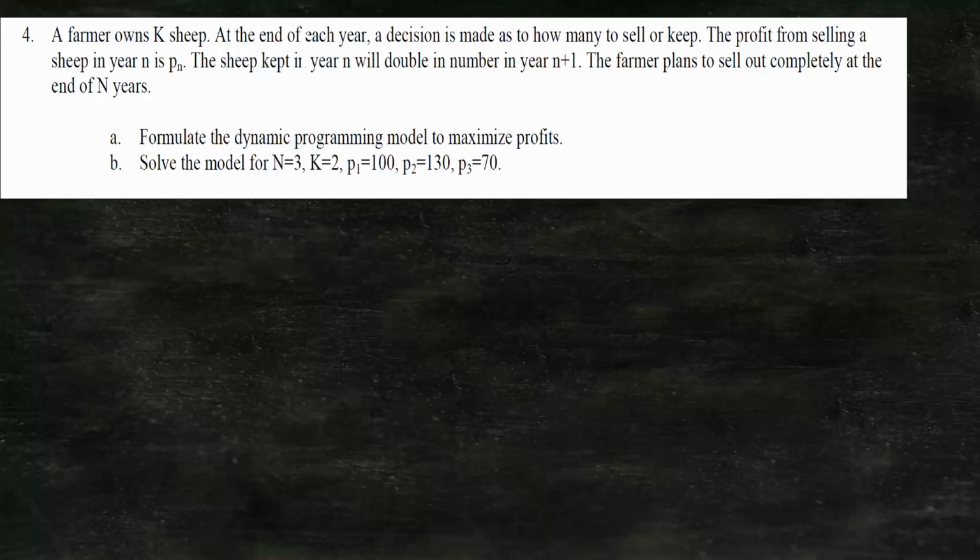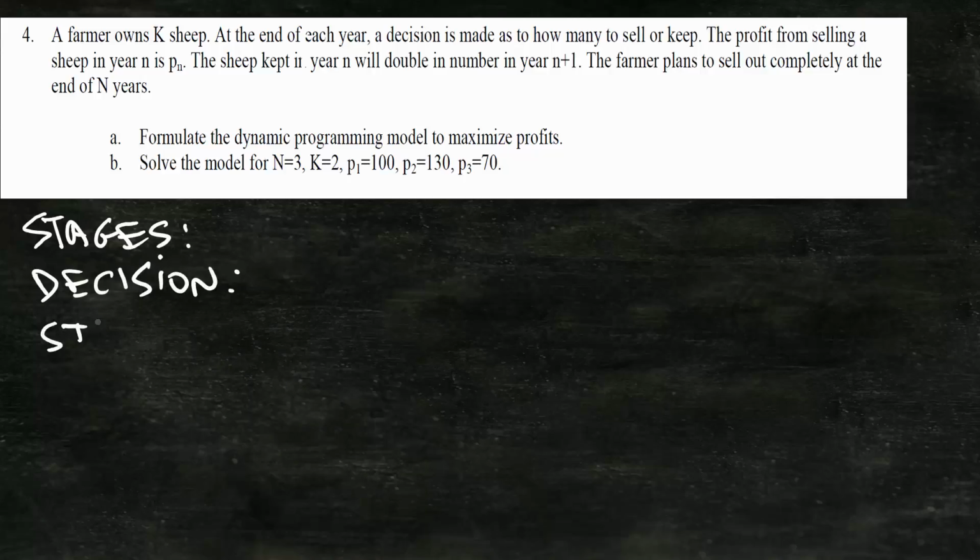So we have to identify the different elements of this. One of them is stages, and the other one is a decision, and the other one is states. So what are the stages?